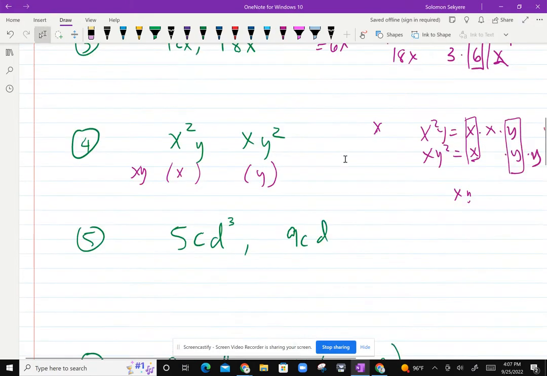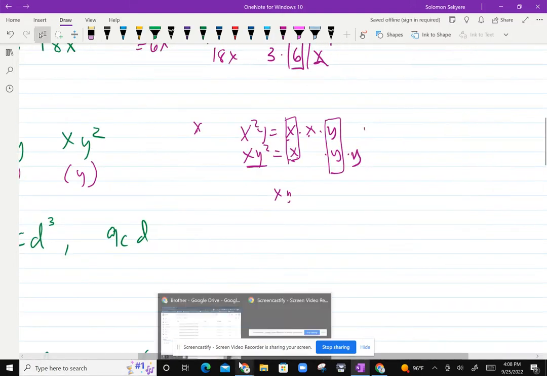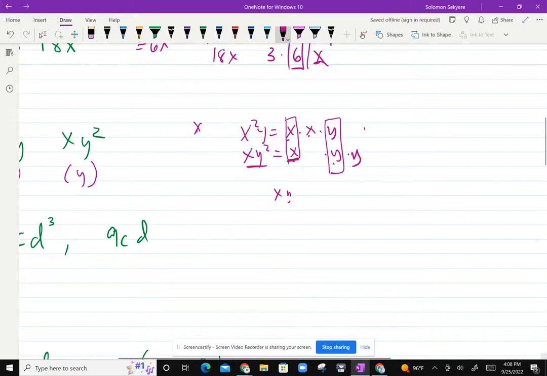What about x squared y and xy squared? So we break it down. What is x squared y? It is x times x times y, right? And what is xy squared? It's x times y times y.